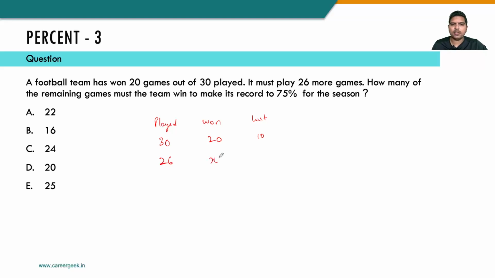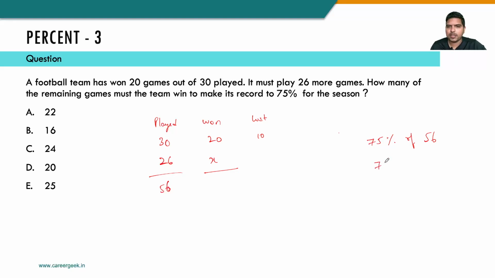So let the number of matches that the team has to win be X. Total games that they're going to play is 56, and they want the win percent to be 75% of the total games played. I hope this is clear.